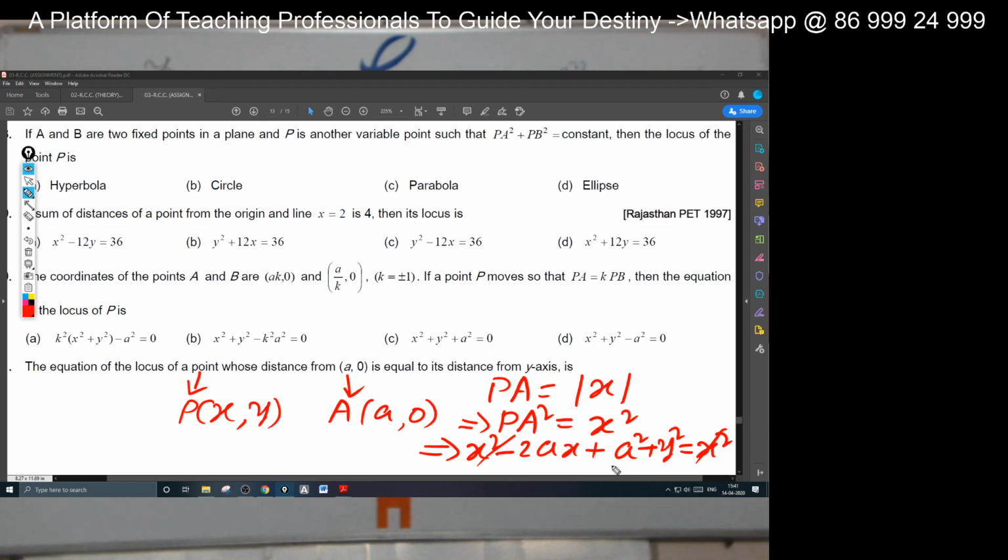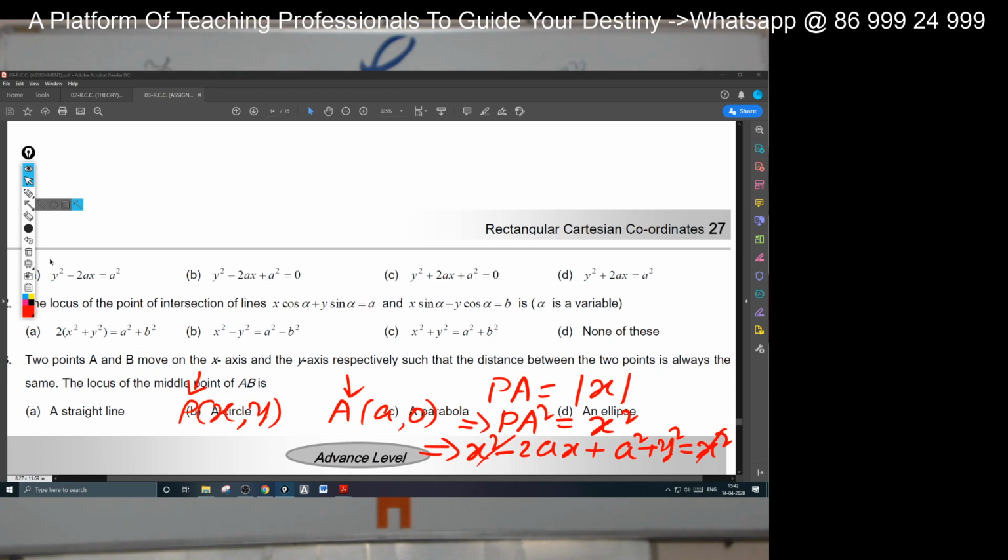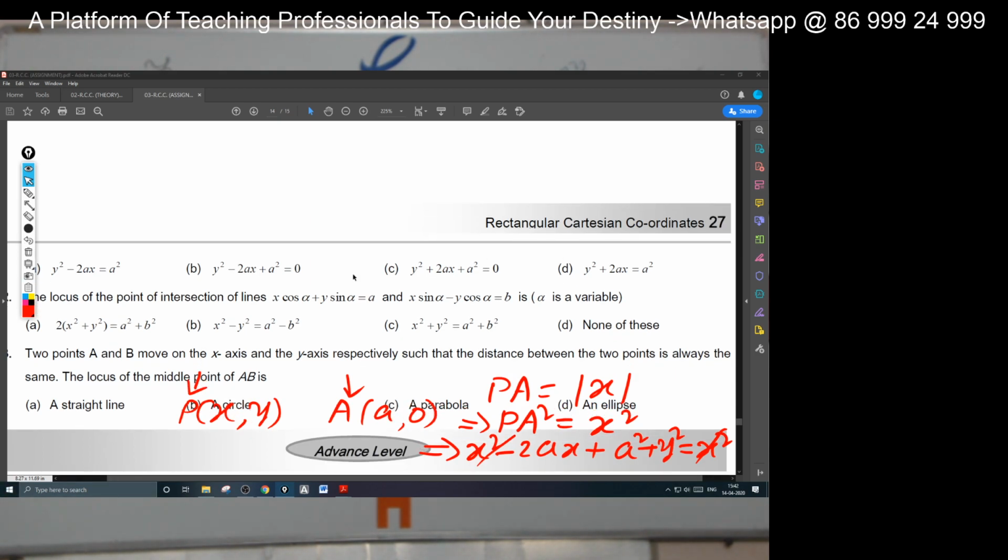Let us check the answer. Option B is the right answer.